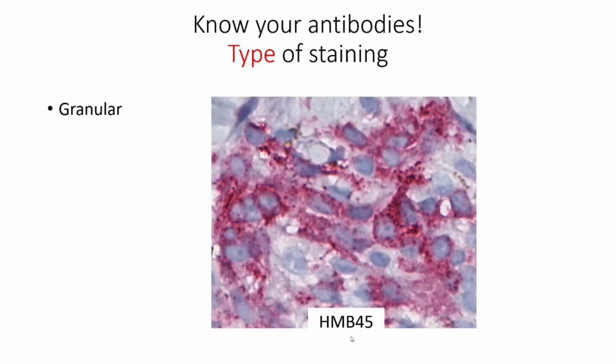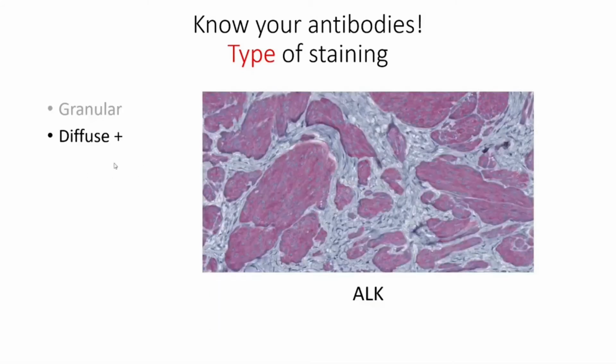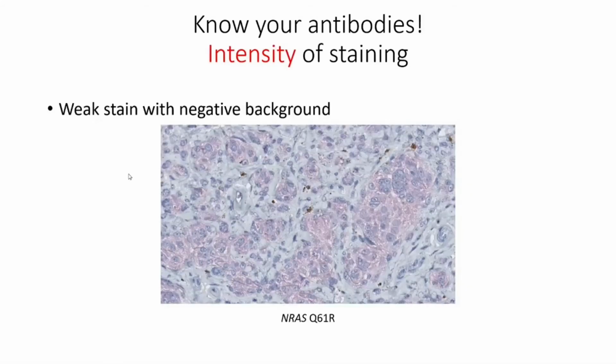For example, for HMB45, you're going to expect this very granular type of stain. Otherwise, it can be a diffuse positivity, for example, here for ALK in this plexiform Spitz. And in some cases, you will have a weak intensity, but you have a completely negative background. And this is usually what you will have, for example, with this NRAS Q61R.